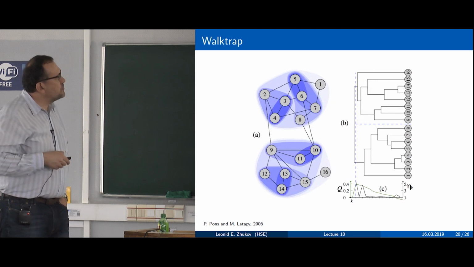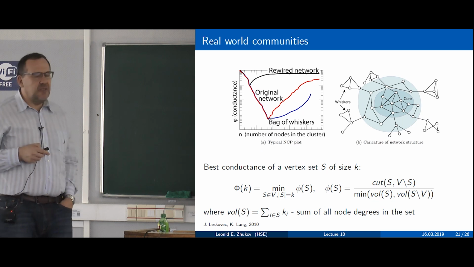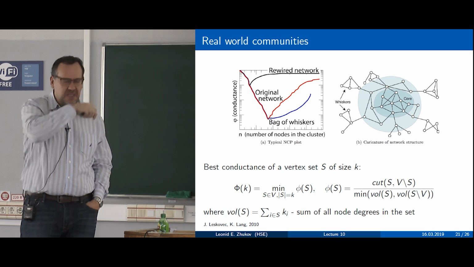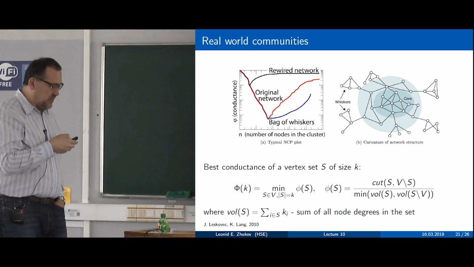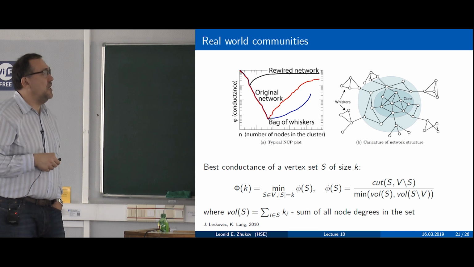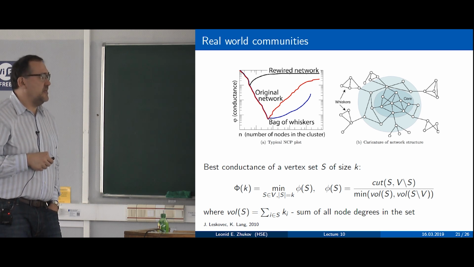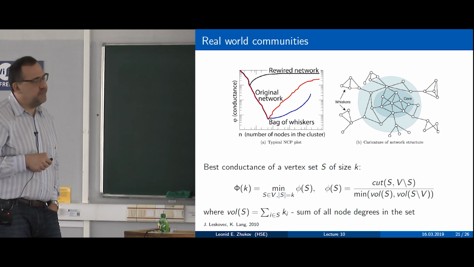So pretty much we looked at multiple different algorithms. I guess there has been a lot of work in the network science community on clustering, graph partitioning, or community detection. That's probably one of the most popular topics.